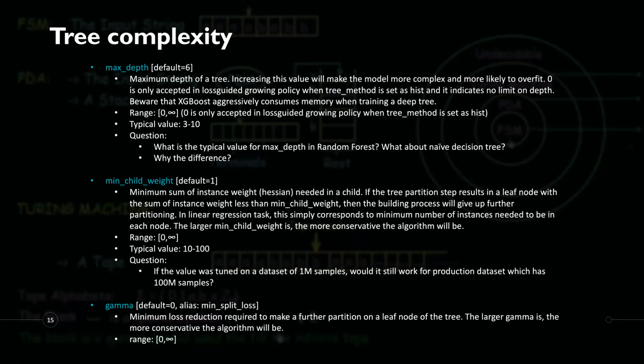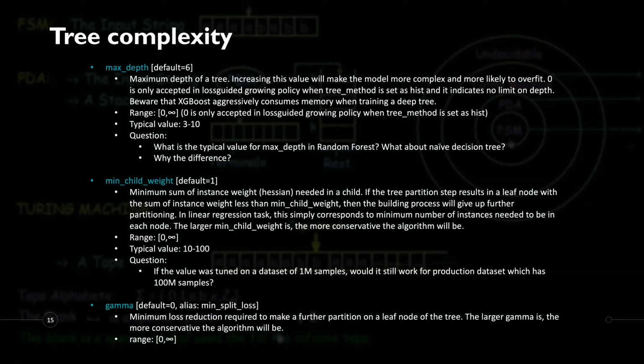Typically, the more complex a decision tree is, the more capable the model is of learning information from the data, but the risk of overfitting increases.